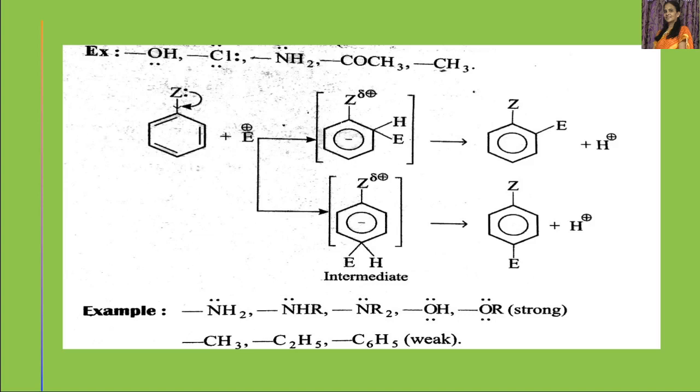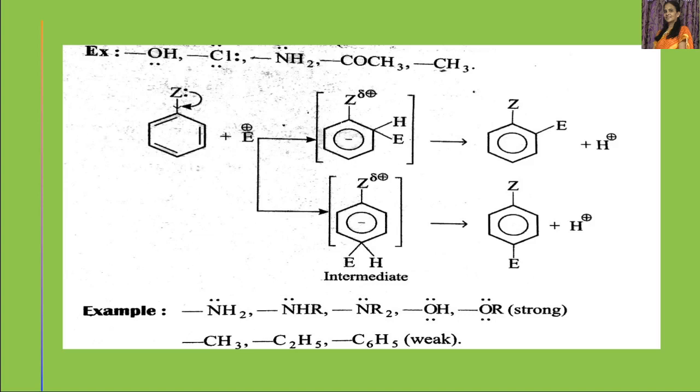Thus a substituted product is obtained. Since the electrophile is substituted at the fourth carbon with respect to the first position, it is the para disubstituted product. This is the ortho disubstituted product.